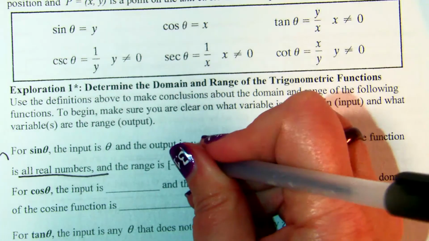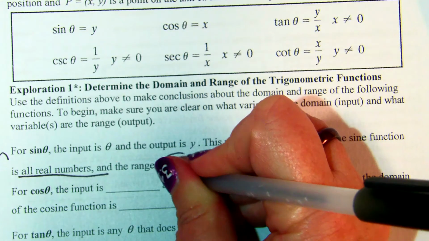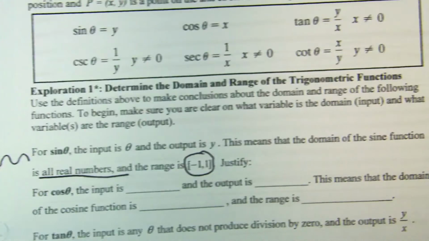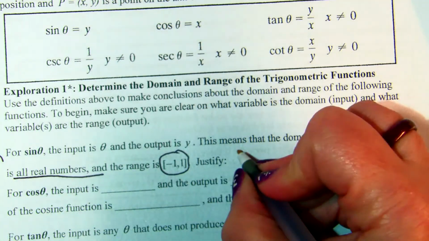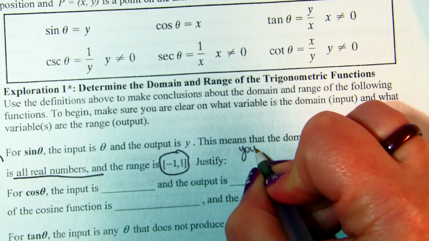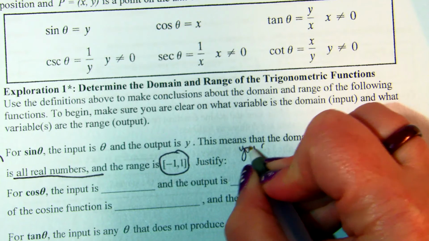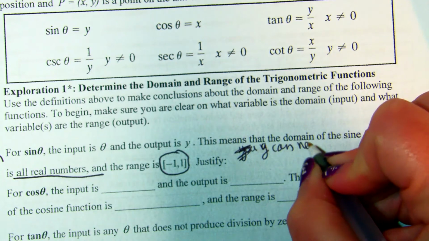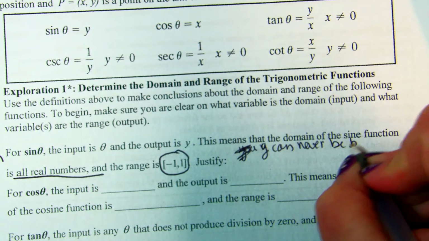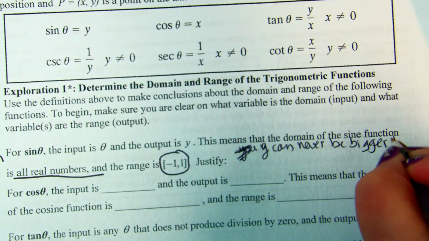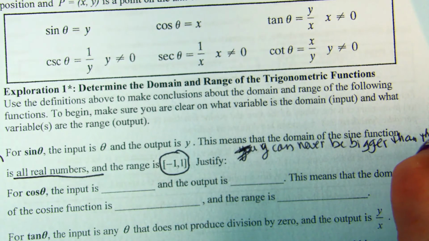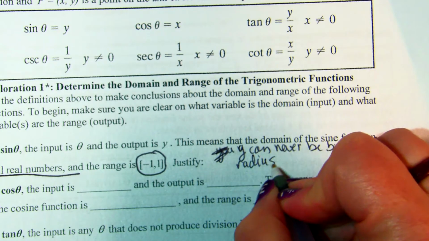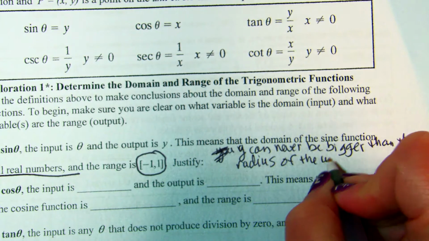And the range is between -1 and 1, because it goes up and down from -1 to 1 to -1 to 1. The reason it stops at 1 is that y can never be bigger than the radius of the unit circle.